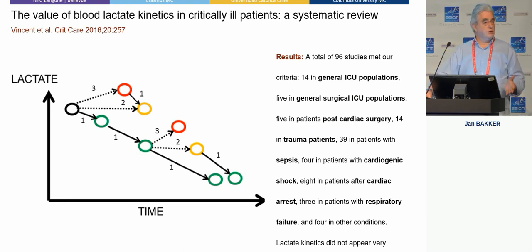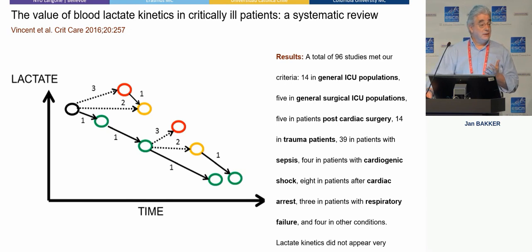What about the changes in lactate? Because when we start to resuscitate in a patient with increased lactate, we always look for decreases in lactate. Jean-Louis Vincent did a review of, at that time, all studies available that at least measured 2 lactate levels. And so you could make a decision about whether the lactate remained the same or decreased.